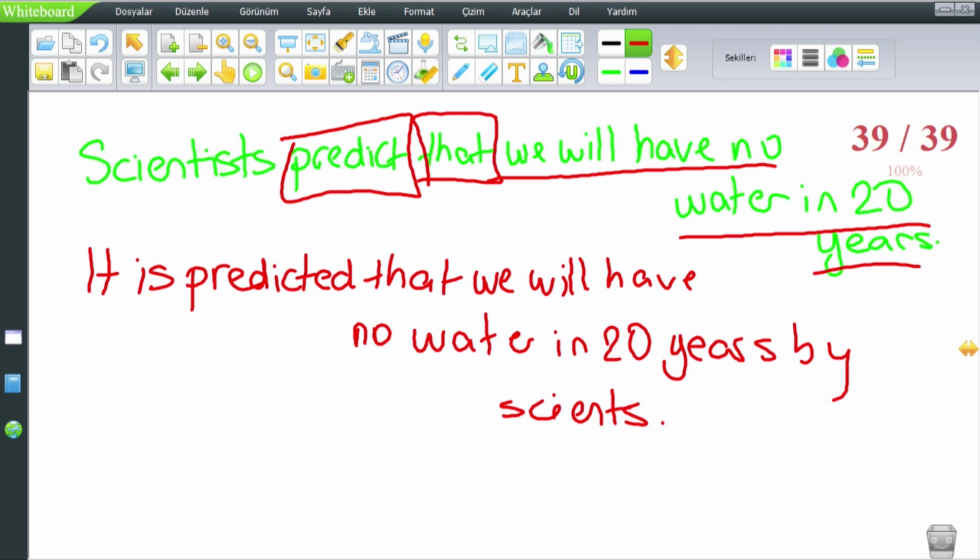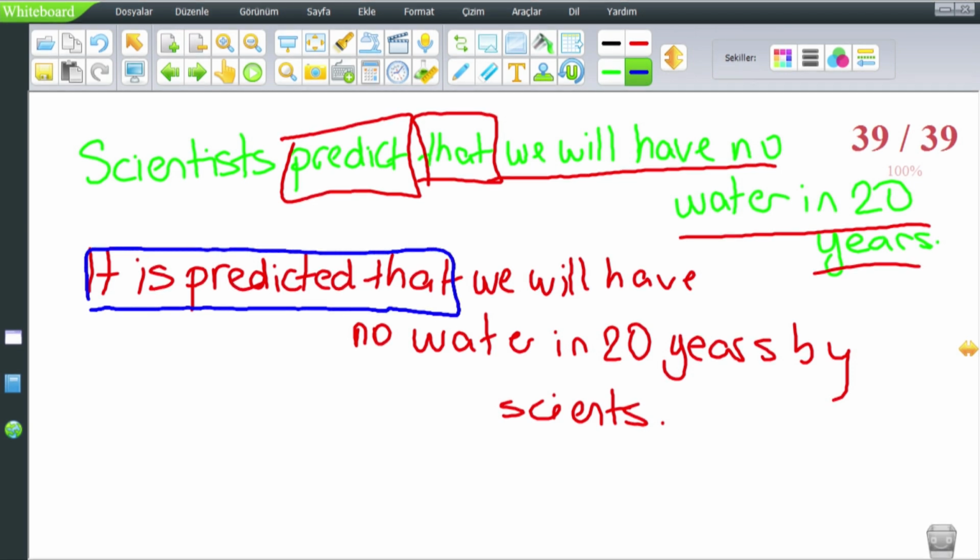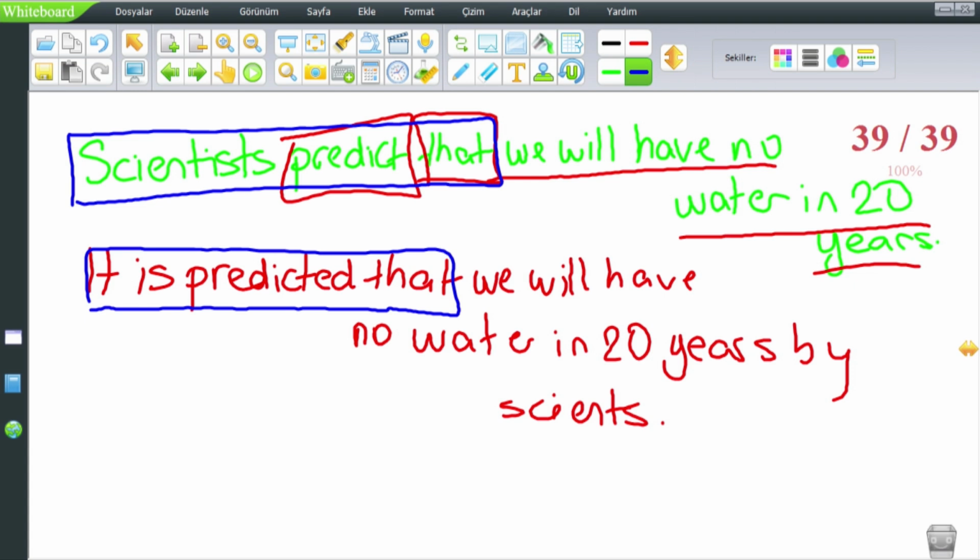Here, the only parts I made passive in that sentence actually is here. Scientists predict that, it is predicted that. The rest of the sentence is the same. The objects stayed the same.